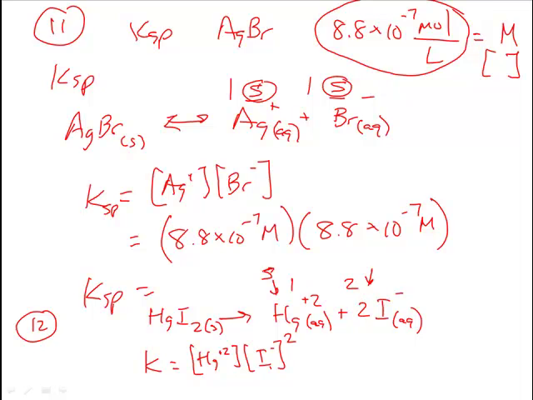So if this one is S, what's this one have to be? 2S. So then you just plug in the value for S, which is 2.2 times 10 to the negative 10th. That's for this one. And then you do 2 times the 2.2 times 10 to the negative 10th, squared. It must still be squared, and that will equal your KSP value.